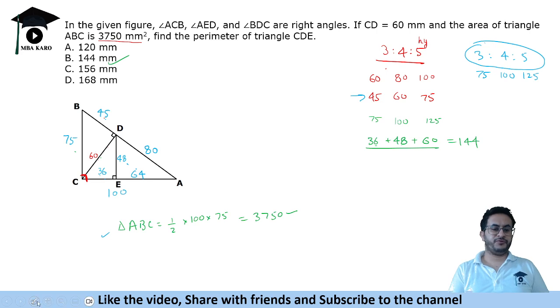If you construct the complete triangle, you will get all these ratios. So it satisfies that the area of triangle ABC is 3750, and the sides of triangle CDE are 36, 48 and 60. Adding them, we get the perimeter as 144.